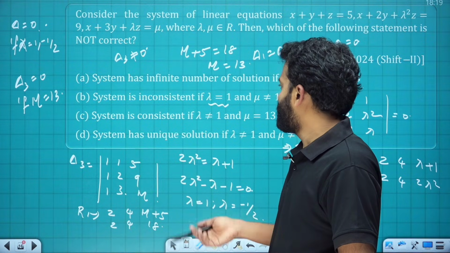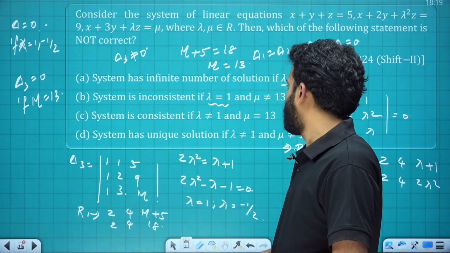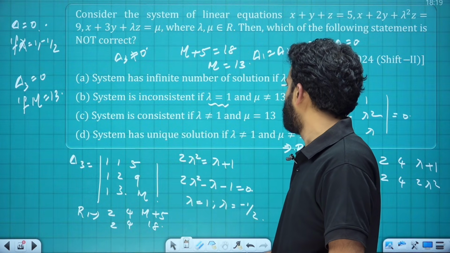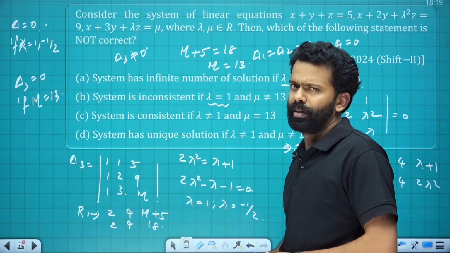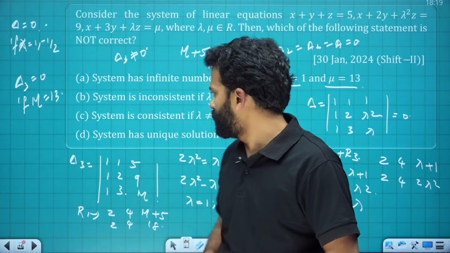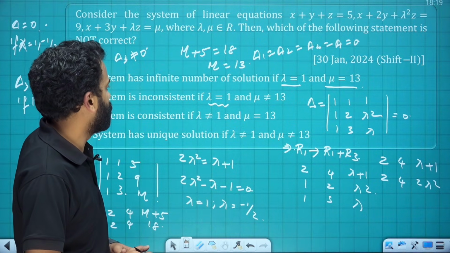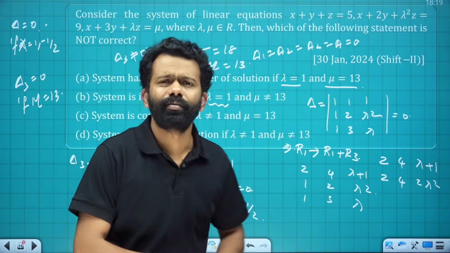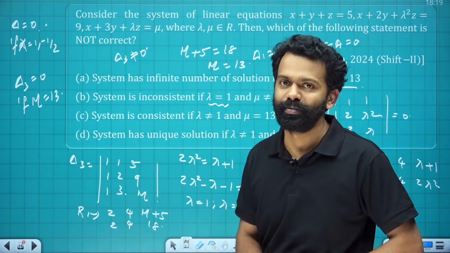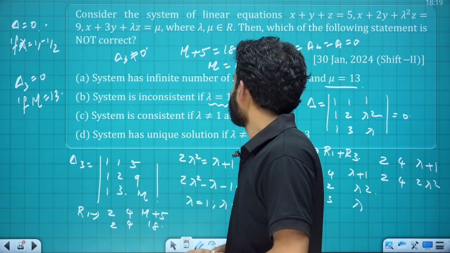And the system is inconsistent if lambda not equal to 1 and mu is equal to 13. And what about that? System is consistent if lambda not equal to 1 and mu equal to 13. Is it correct? Let's check.